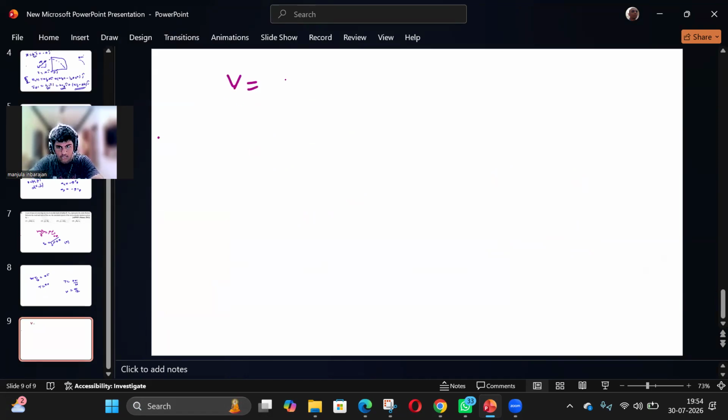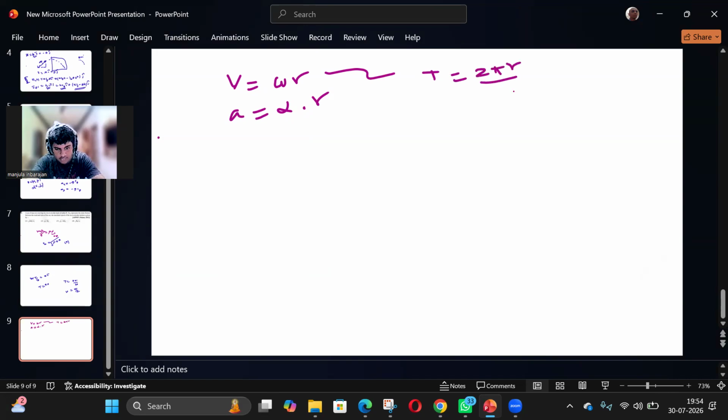Now this relation, right? V equal to omega into r. Differentiate both sides with respect to time. So you get a equal to d omega by dt into r, that is alpha into r. And this relation you'll get from time period T, which we can define in two ways, right?